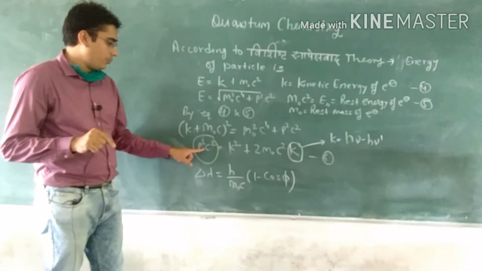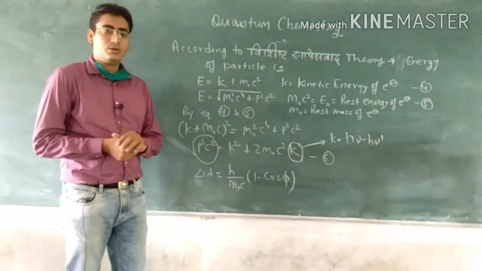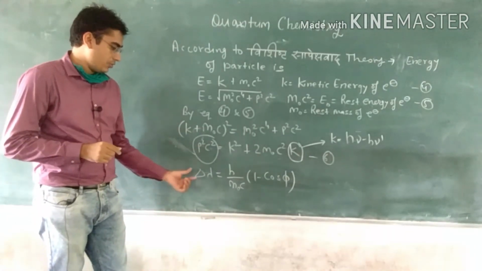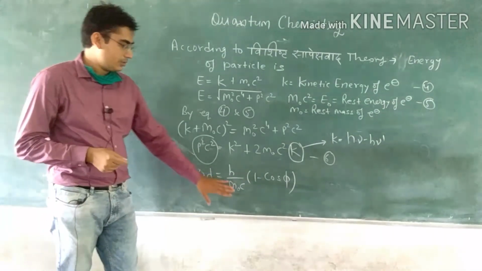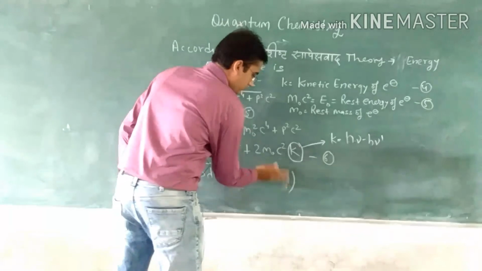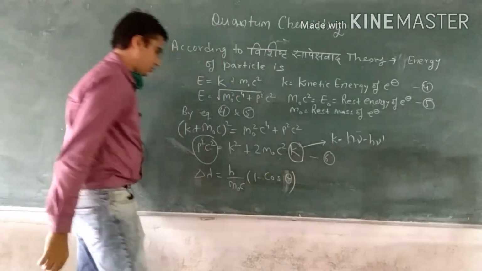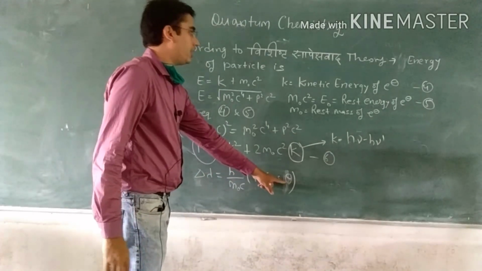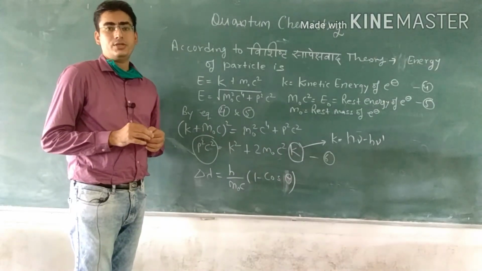Put in the values of p square c square and K and rearrange them. Then in the end we get the Compton shift equation, which is given by this. Here theta is the angle between the scattered X-ray and the incident X-ray.